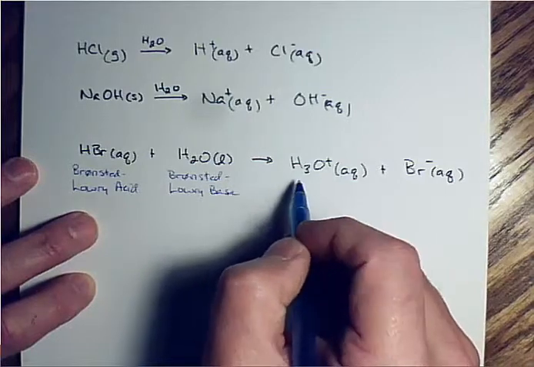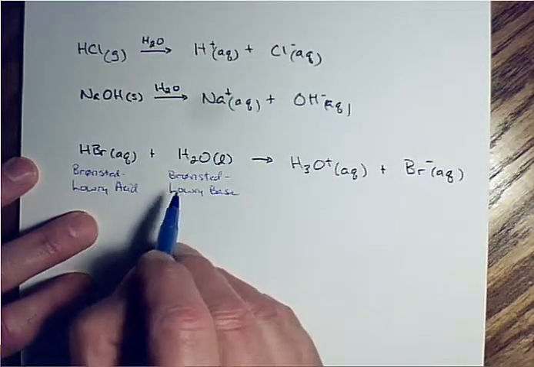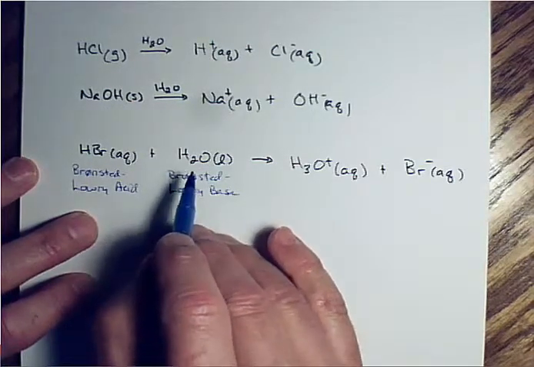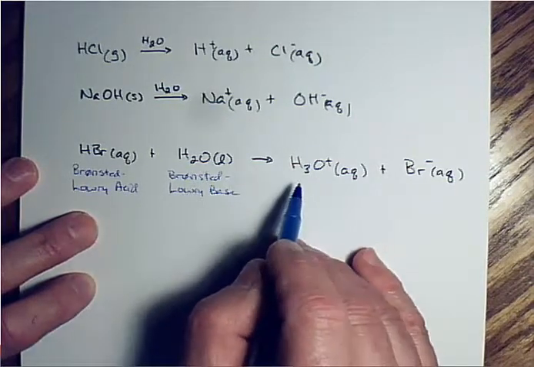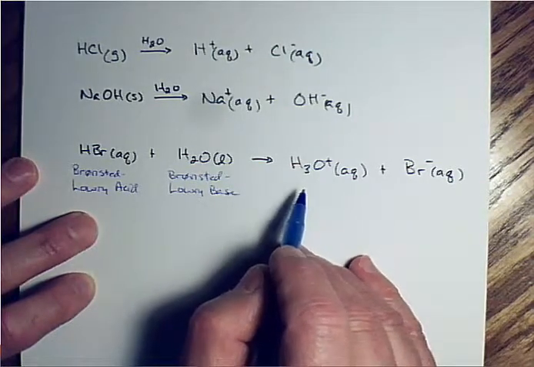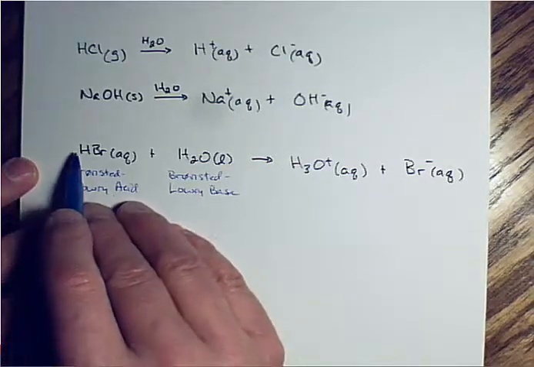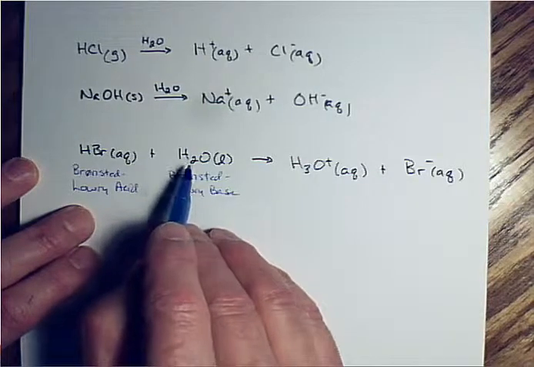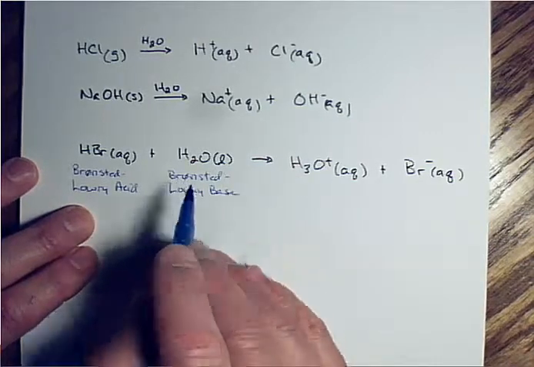And so this then is also a Bronsted-Lowry acid, but it's called the conjugate acid of this base. Okay? Wherever that hydrogen ion ends up, that creates a Bronsted-Lowry acid that's the conjugate of the base. So when the hydrogen ion leaves here, it joins up here, and when it joins up here, it creates an acid that is the conjugate of this base.